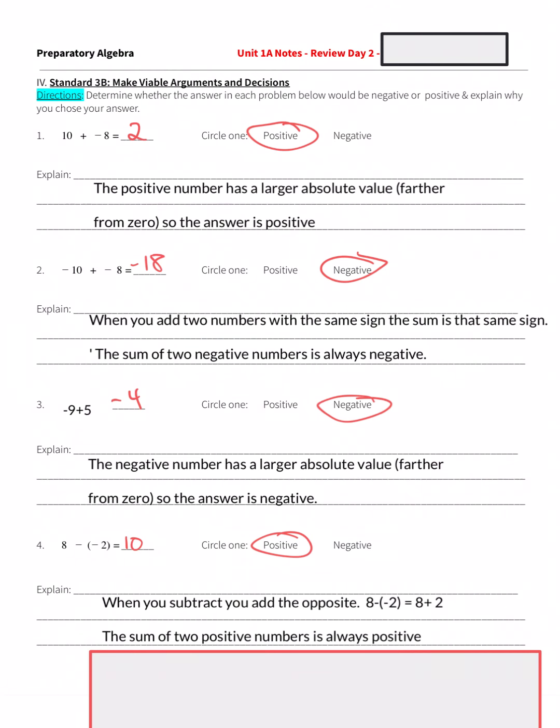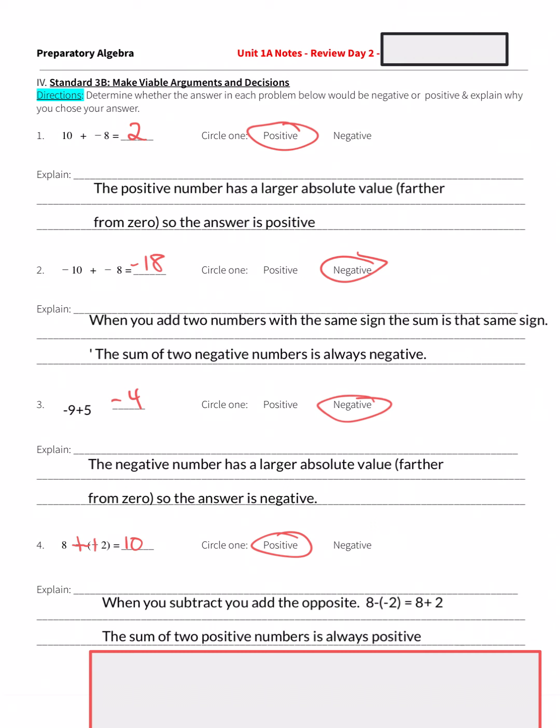So 8 minus negative 2 is equal to 8 plus 2, because we add the opposite. So we think about that. Instead of 8 minus negative 2, it's 8 plus positive 2. We have to change both of the signs.